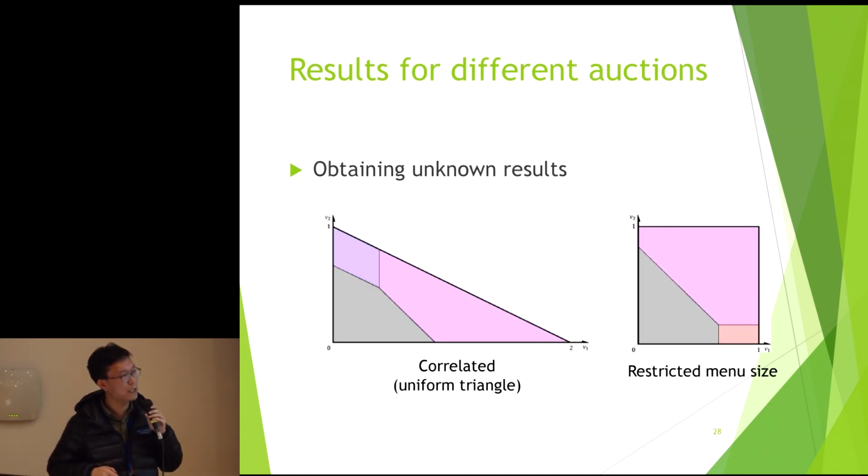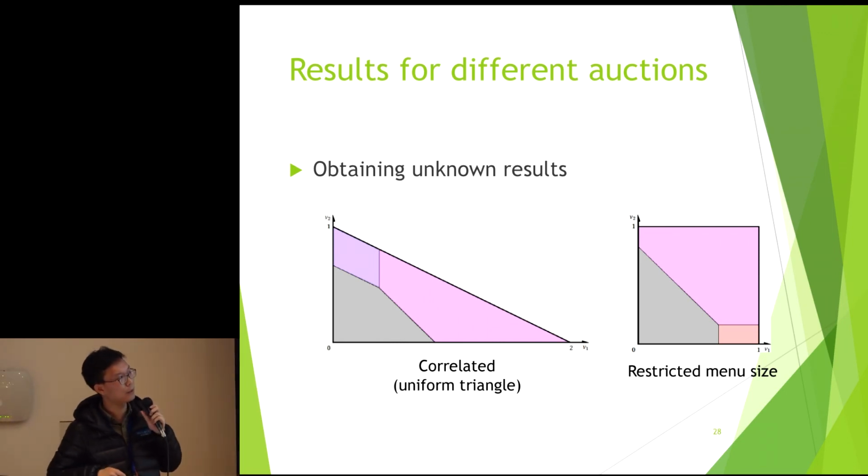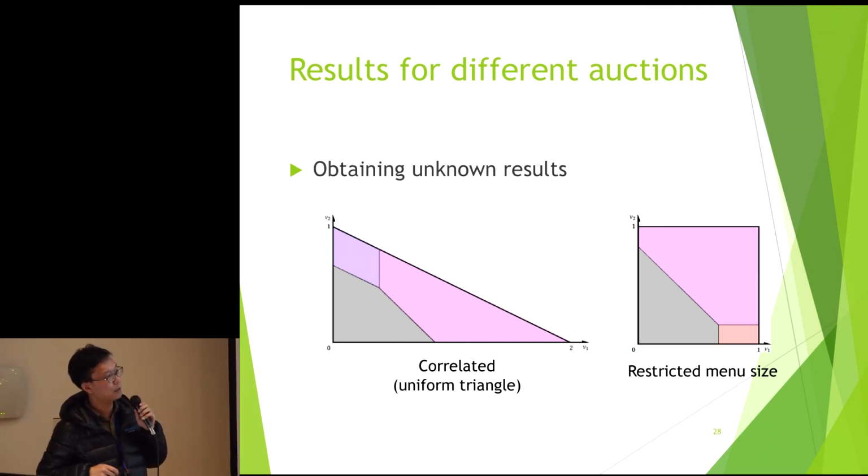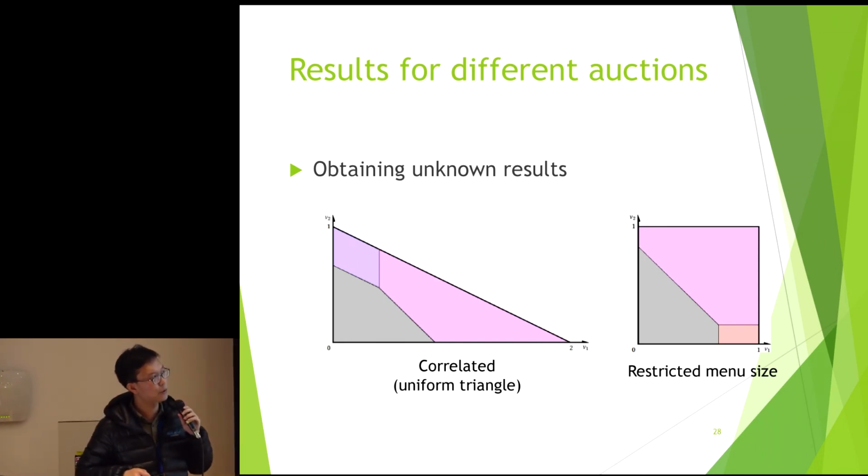And also we are able to get some unknown results. For example, this is the case where the buyer's value is uniformly distributed in this triangle. So it's a correlated distribution.